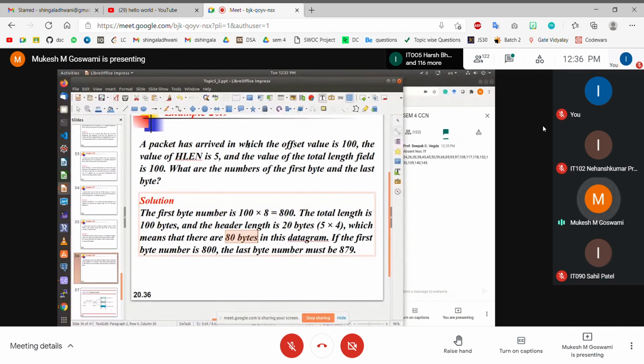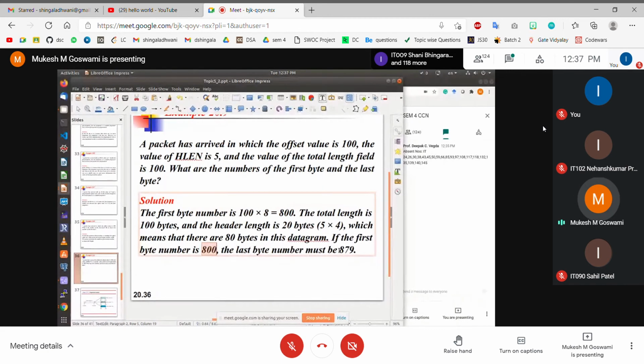So obviously the number of the first byte is 800. Then what is going to be the number of the last byte? It is going to be equal to 800 plus 80. We are starting from 0, so the last number is going to be equal to 879, because we are counting this 0 here.